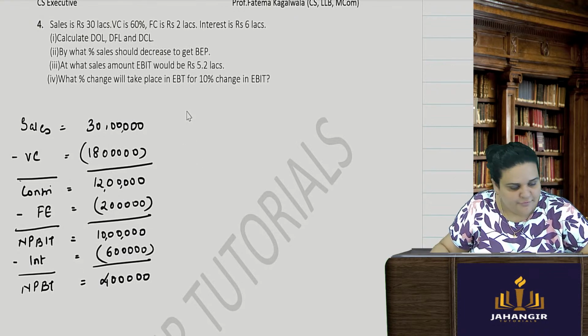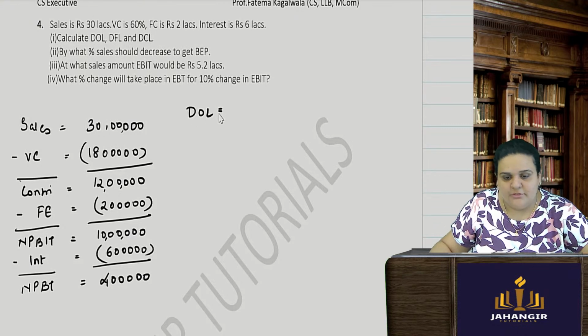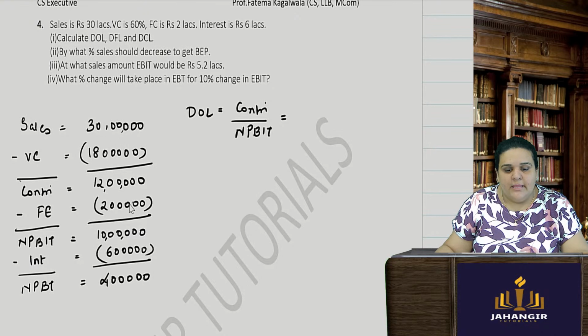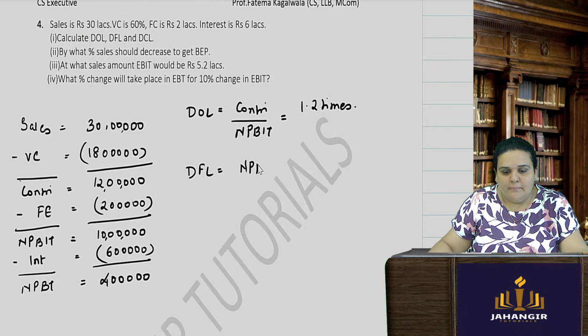Based on this, I have to find all the three leverages. So my degree of operating leverage is contribution upon NPBIT. Contribution 12 lakhs, NPBIT 10 lakhs. When you put that, it will be 1.2 times. Degree of financial leverage, NPBIT, which is 10 lakhs, upon NPBT, which is 4 lakhs, 2.5 times.